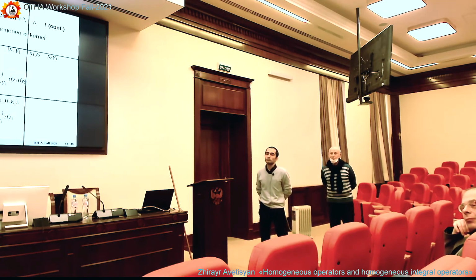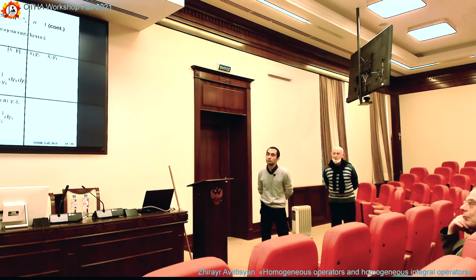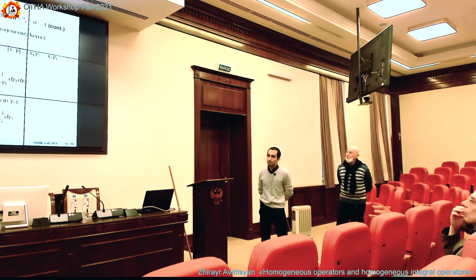It's very similar to the Hilbert transform. It looks like it, but it is different from what is usually studied, because there the singularity is at a point. Here it's spread out.